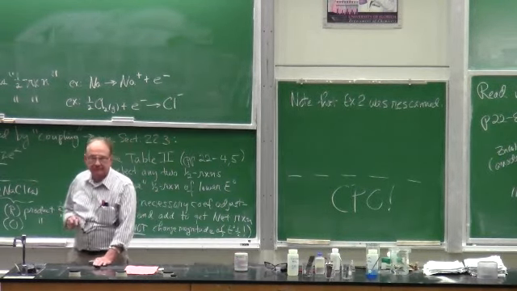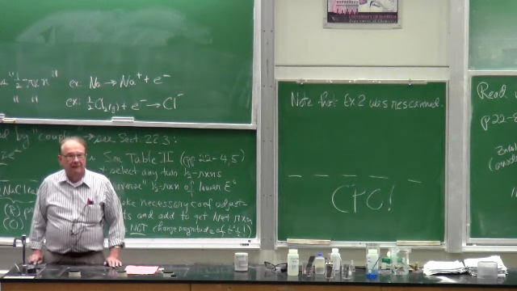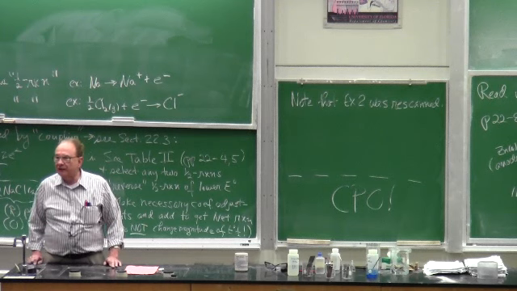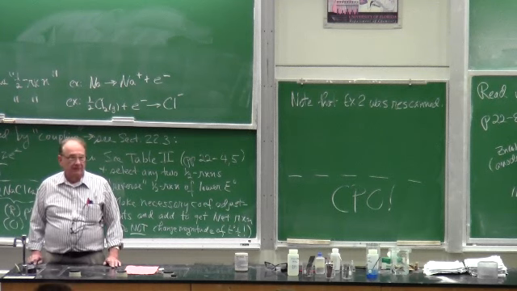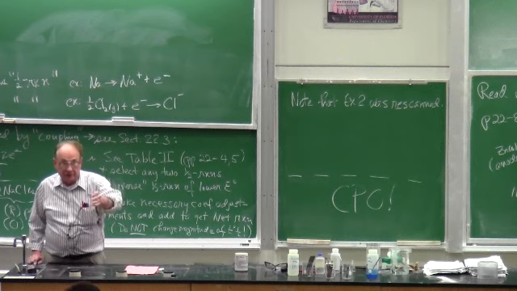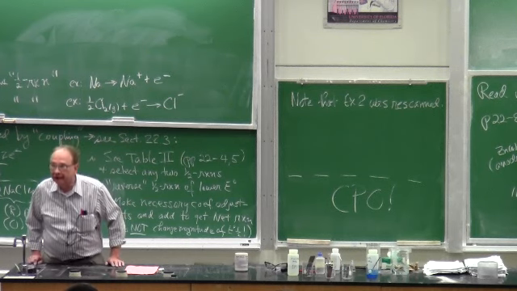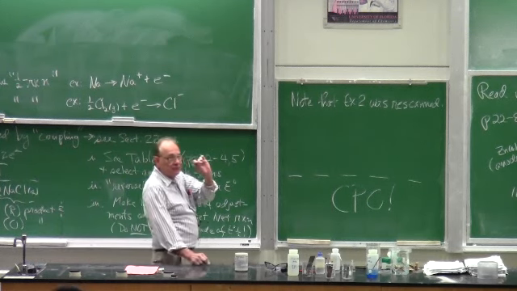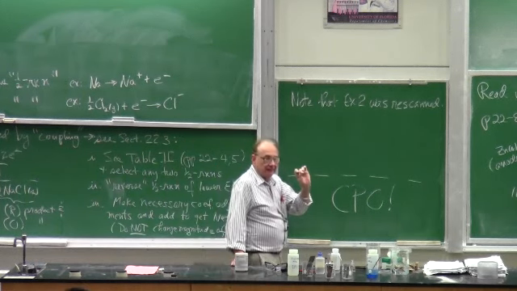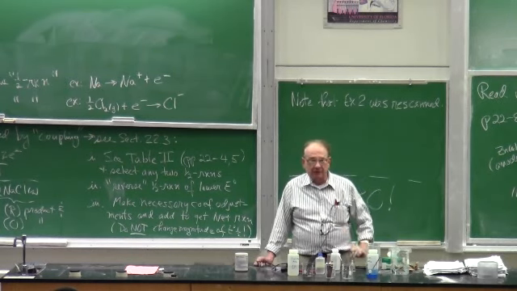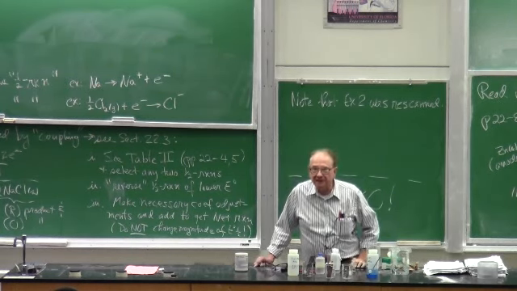Directive number two. Take the half reaction which involves the weaker reducer, or from a number standpoint, take the half reaction which, as I've constructed this table, has the smaller E0 value. Because E0 measures the tendency for the reducer in each half reaction to convert to its conjugate oxidizer.